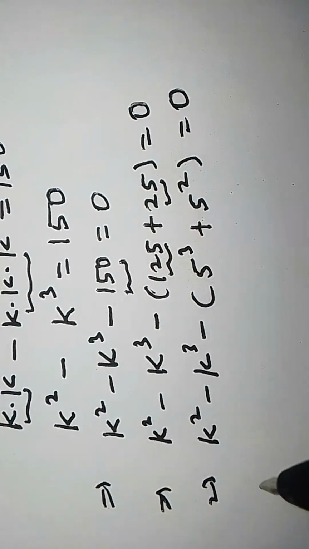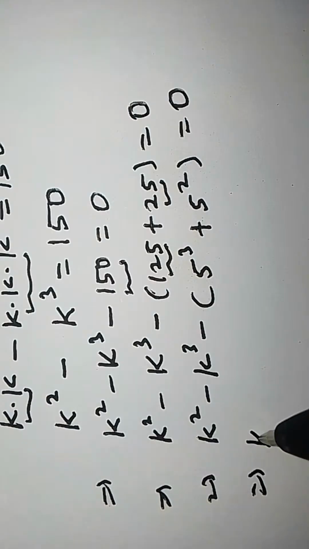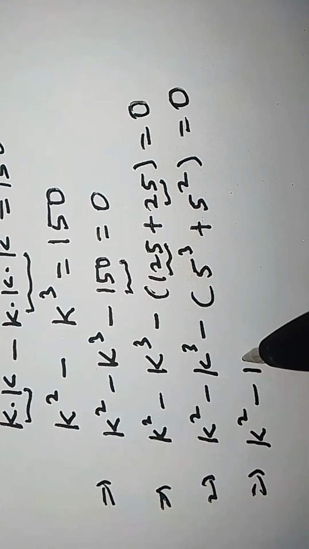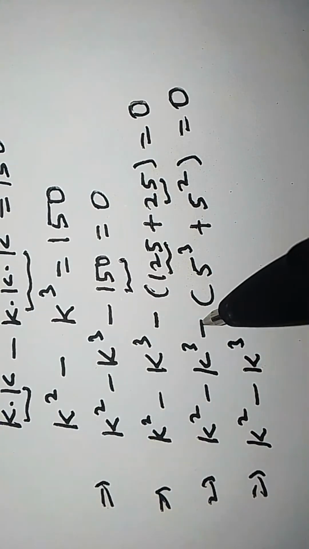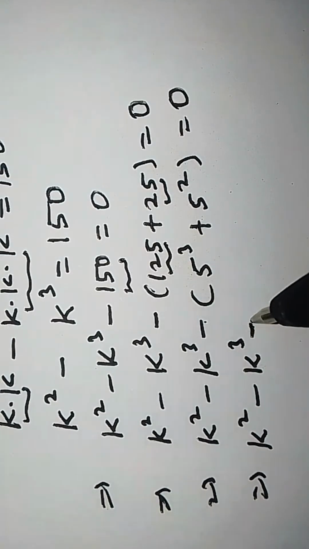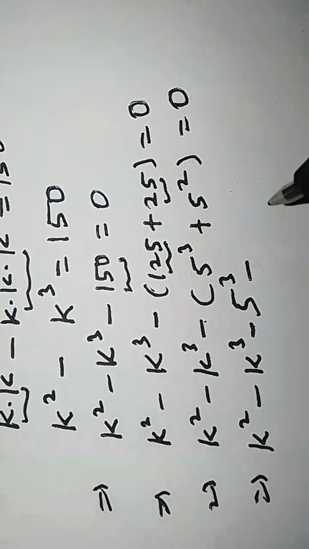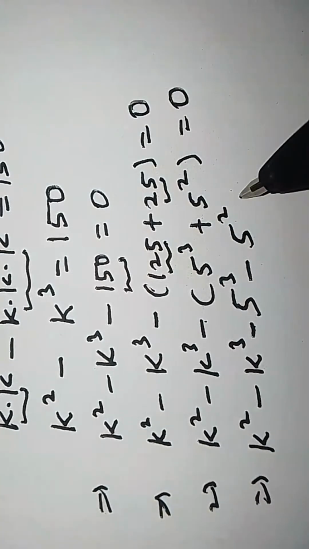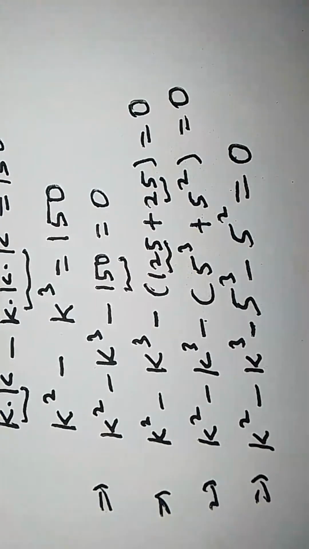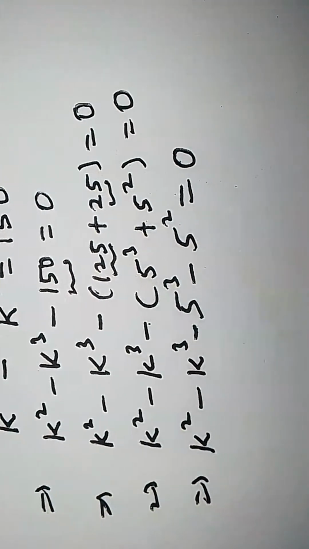Let's continue. This means that K squared minus K cubed, minus times 5 cubed, that is negative 5 cubed, minus times 5 squared, that is minus 5 squared, equal to 0. Let's proceed further.